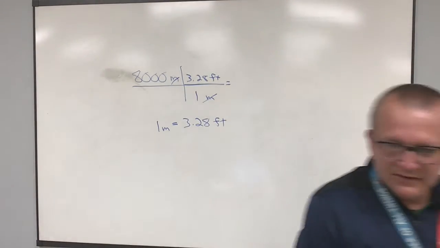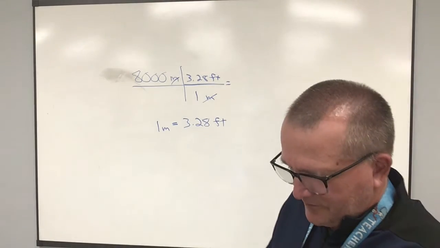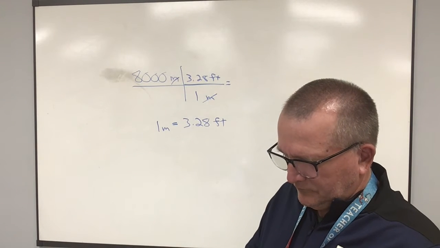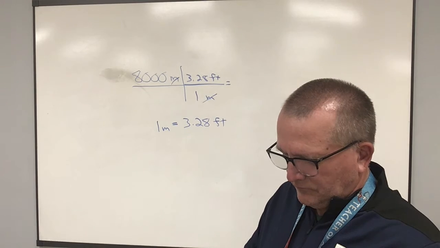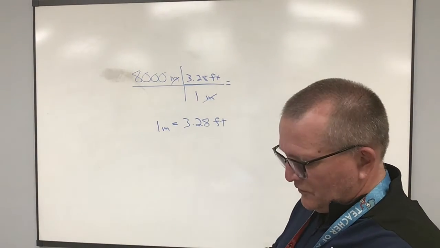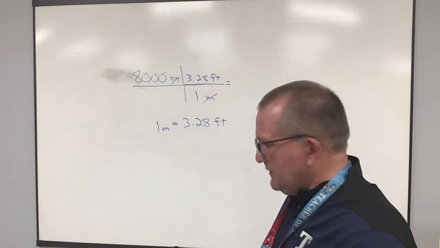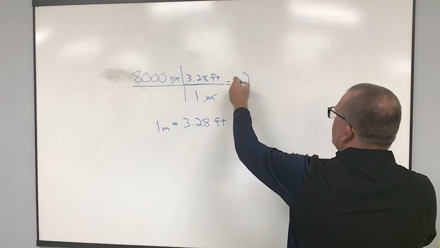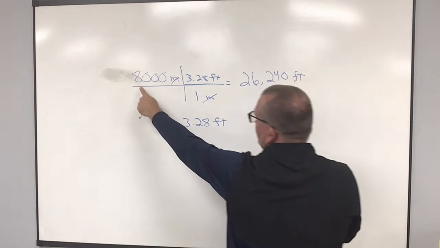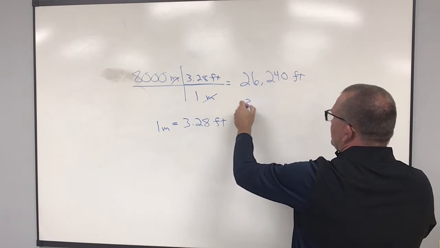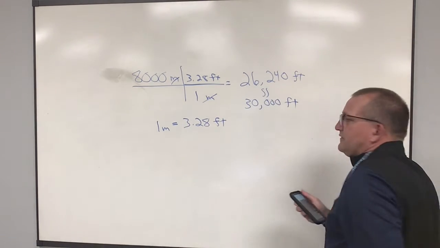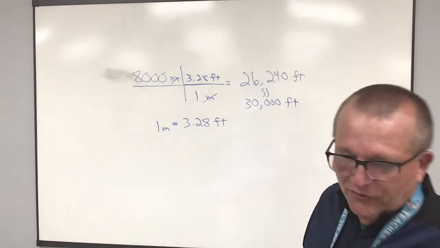So I'll get out my calculator. I take 8,000 times 3.28, and I get 26,240 feet. Now, I'm asked for sig figs. I only want 1 sig fig in my answer. So with 1 sig fig, my answer is 30,000 feet. But that's the process you'd go through to solve that problem.